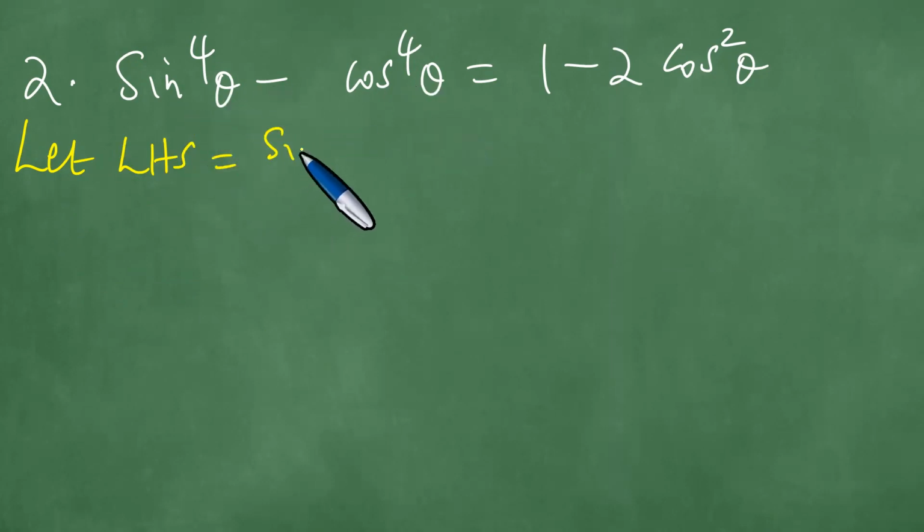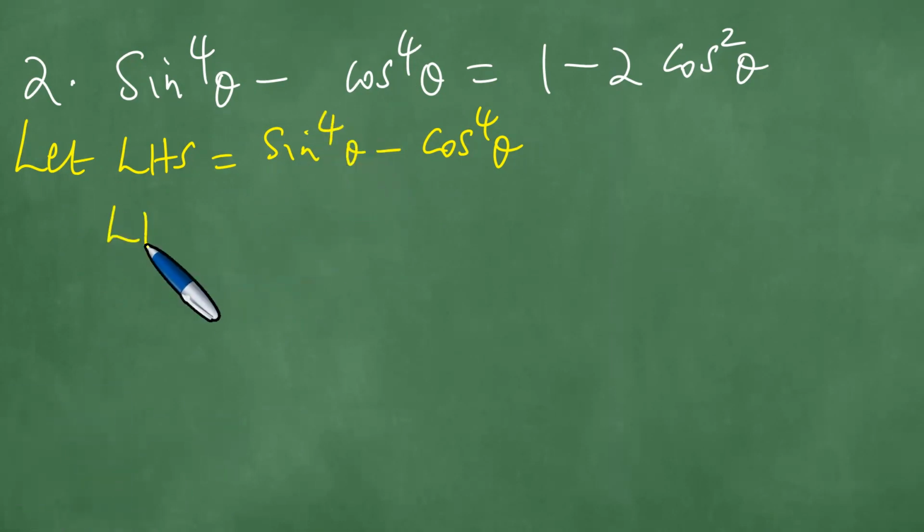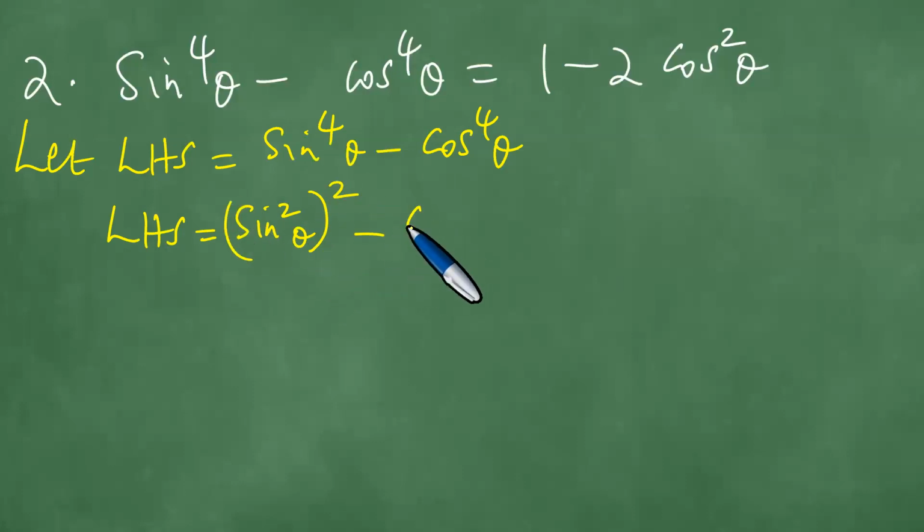In this case, you take sine to the fourth power minus cosine to the fourth power, which is the left-hand side. This is biquadratic, so it's like a difference of two squares, but you can write it like so.